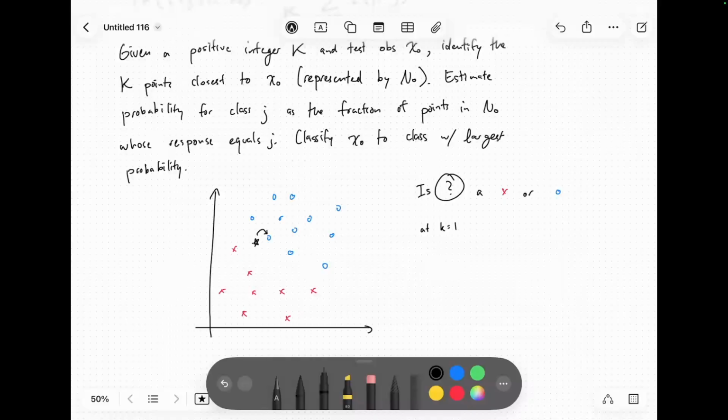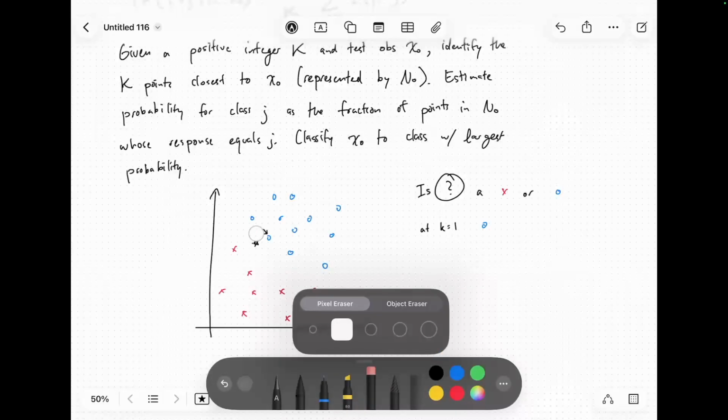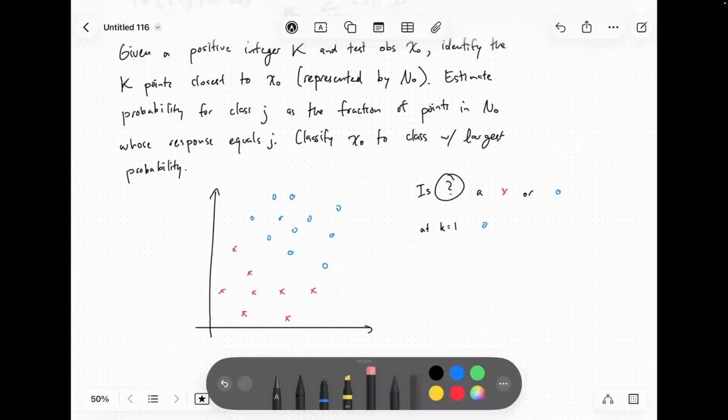Okay? So k equals 1, our point is blue. Wait, okay, hang on. I changed my mind. I'm going to move it again. I'm realizing the way that I drew the points. We'll put it over here. Okay, so still the answer is the same. The closest one, let's say, is blue.